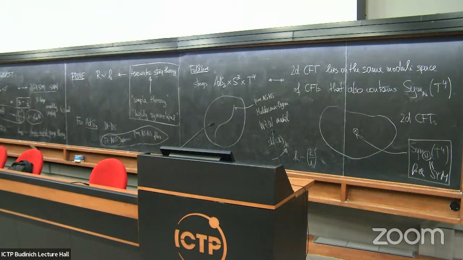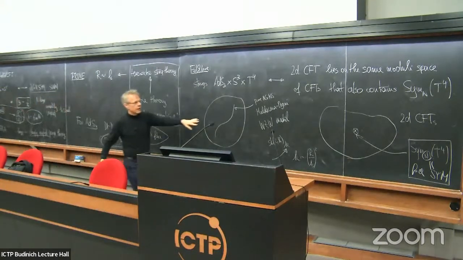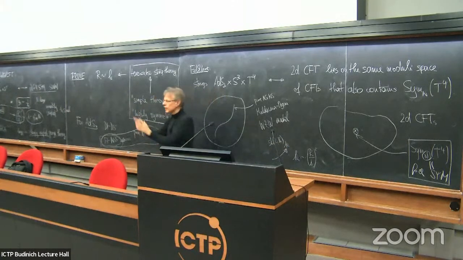A long string would like to contract, so you have to turn on the Neveu-Schwarz flux, and it's stabilized. But then you have fluctuations of this, and if you go to the boundary, they get redshifted, and as a consequence, you get a continuum of excitations. And in fact, when I explain the Maldacena-Ooguri Wess-Zumino-Witten model, we will see this continuum.